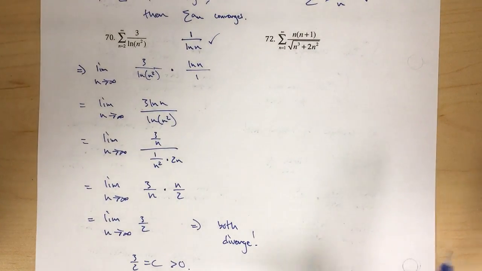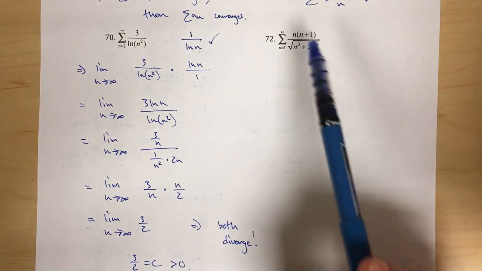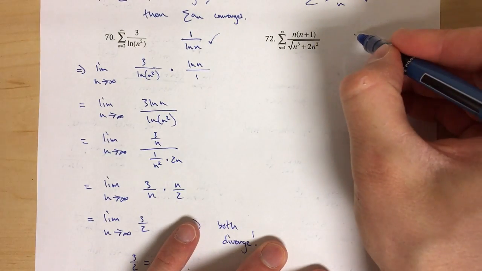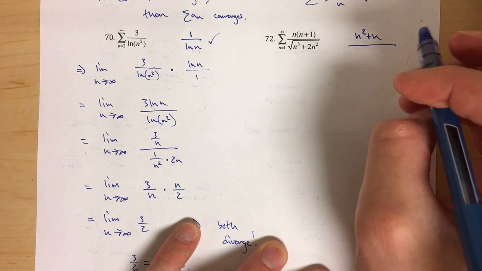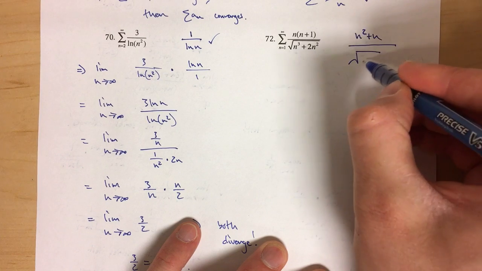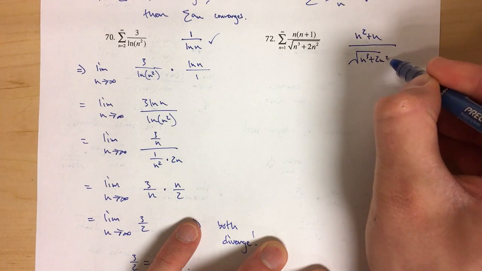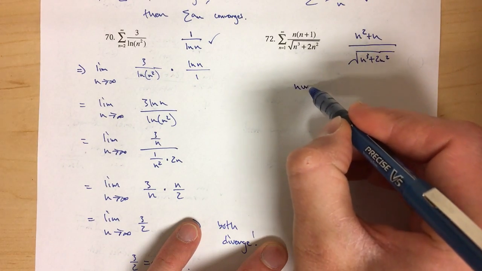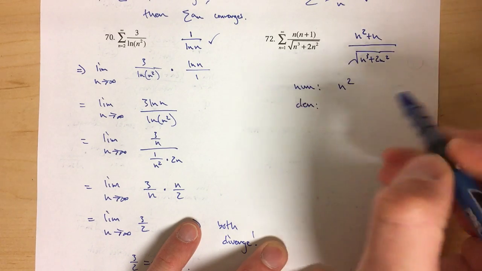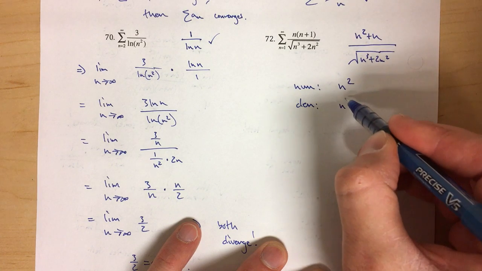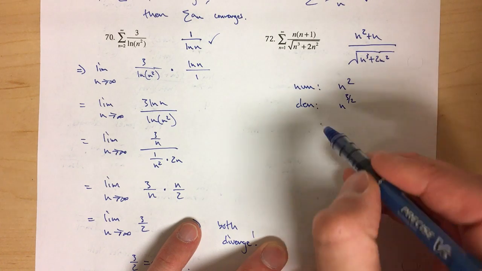Huh, cool. All right, and finally, this is really n squared plus n divided by the square root of n cubed plus 2n squared. The numerator has degree n squared. The denominator has degree n to the 3 halves.